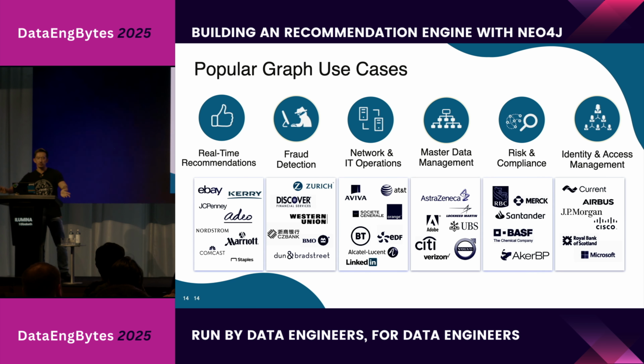And then, now that I know what a graph is, what kind of use cases can I actually use this for? There are a lot of different use cases. Graph is quite natively helpful for real-time recommendation engines, which is what we're going to cover today. But aside from that, fraud detection, as I've mentioned, I'm a big crime investigation show fan, and a lot of banking and financial institutes, and even police departments, are using this to find the pattern of certain fraud or criminal activity.